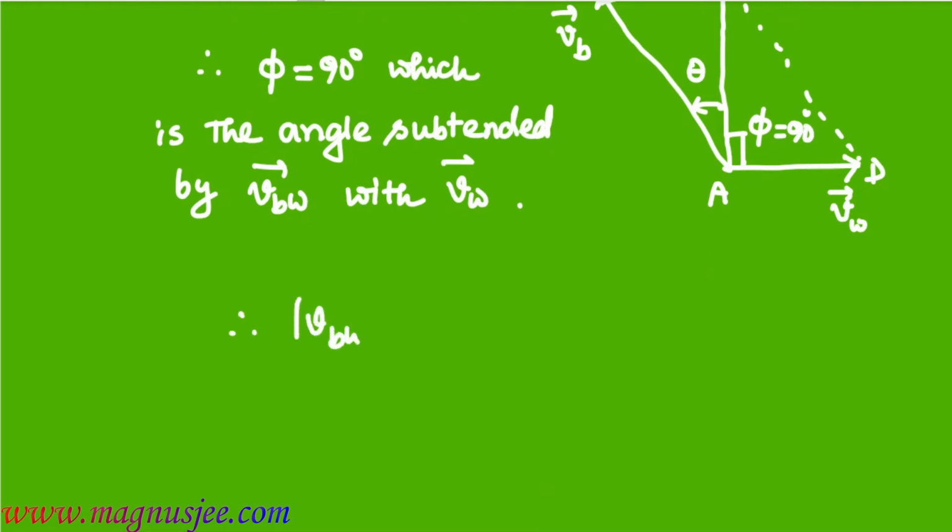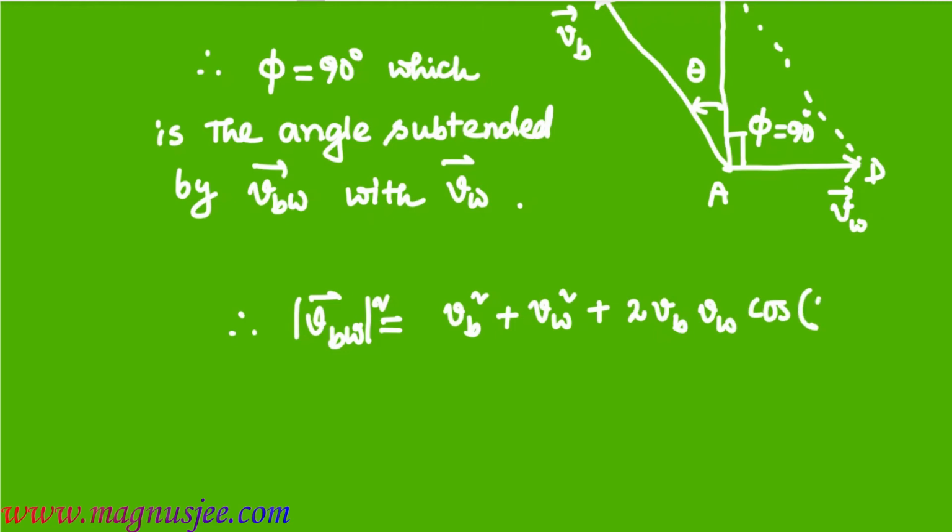Therefore, mod vector VBW, the resultant velocity, equals root over VB square plus VW square plus 2 VB VW cos(theta plus phi). The angle between the two vectors, vector VBW and vector VW, is theta plus phi.